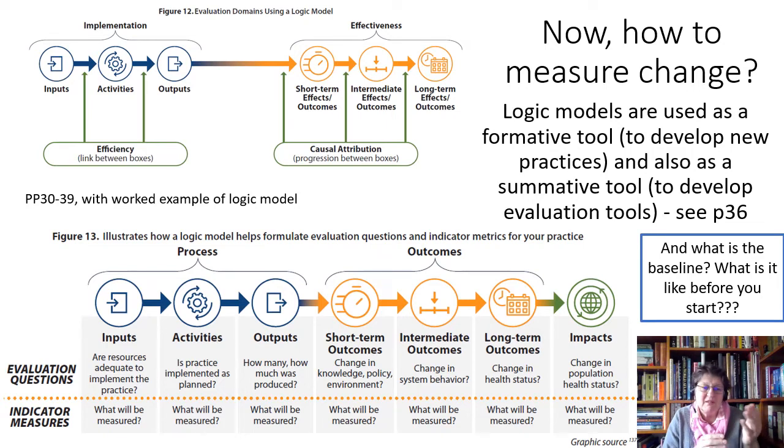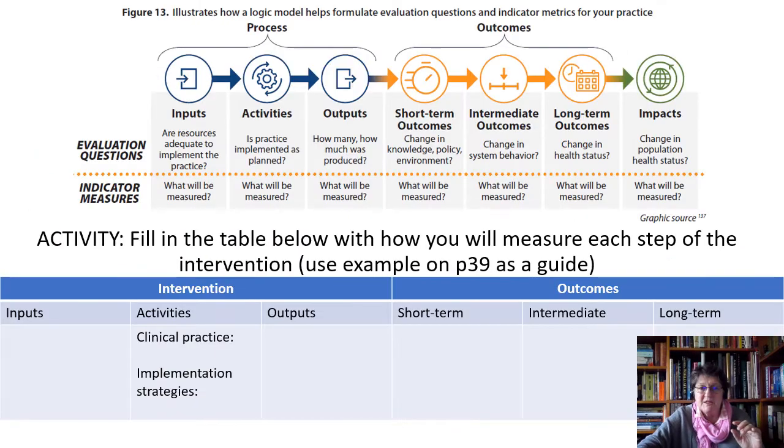How do you measure inputs, activities, outputs, all of those outcomes? What's the long-term impact on the population? So you can see the value of the logic model to really make sure you've got all the bits and pieces together.